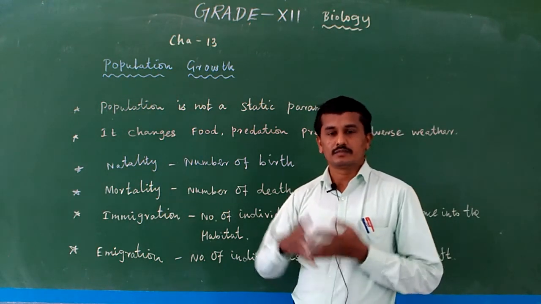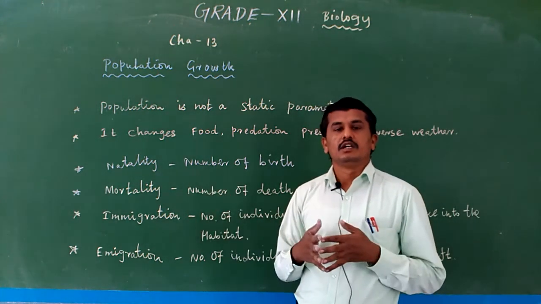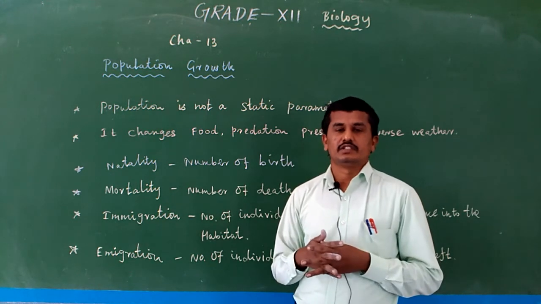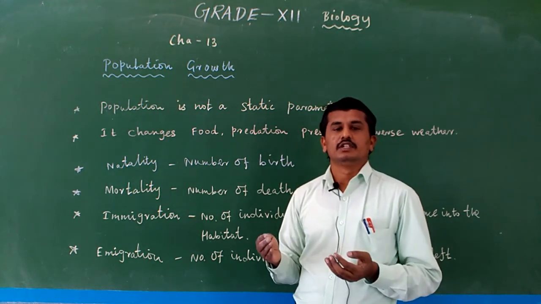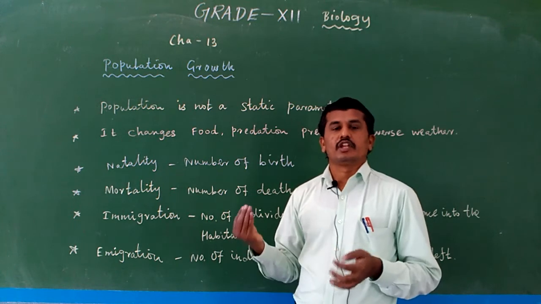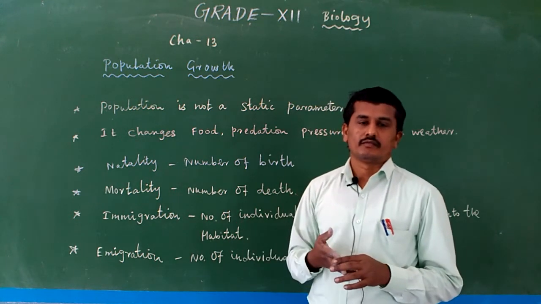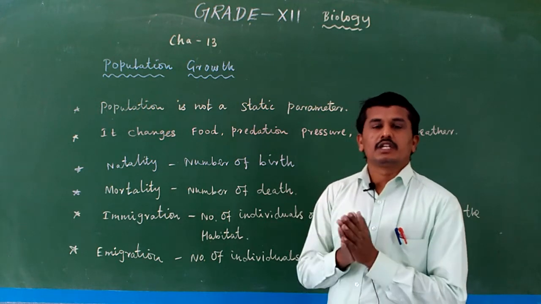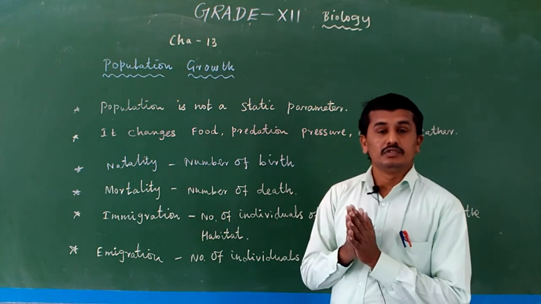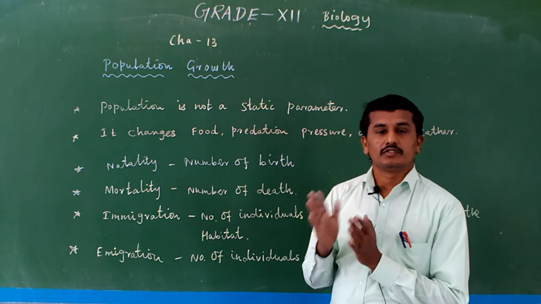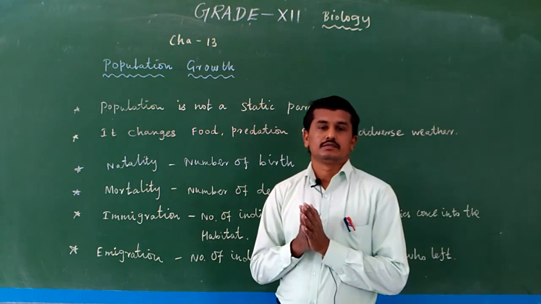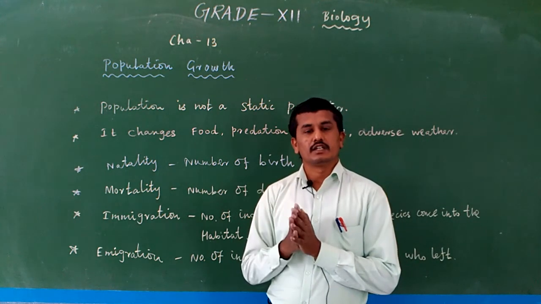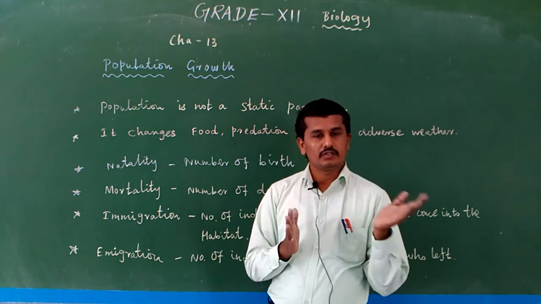For example, due to disease conditions, the human population in the last 6 months slightly reduced. Due to lack of food availability, the tiger population slowly reduced, because tigers eat deer, and deer eat grass.